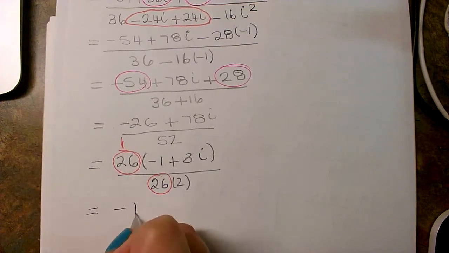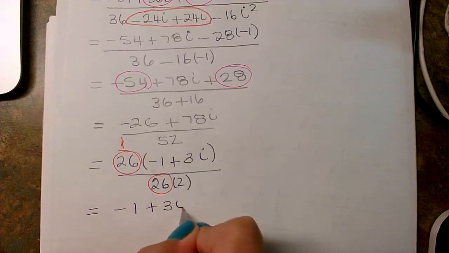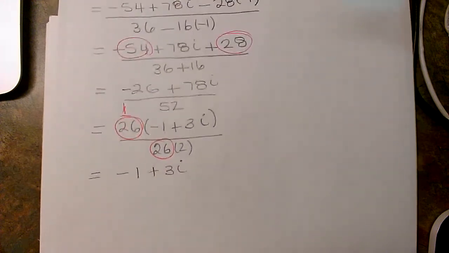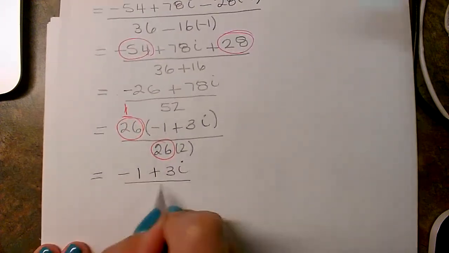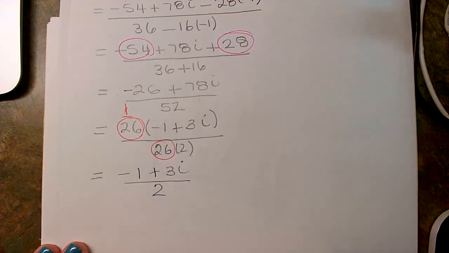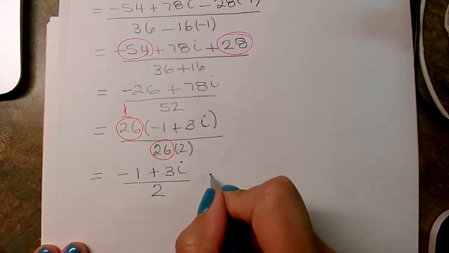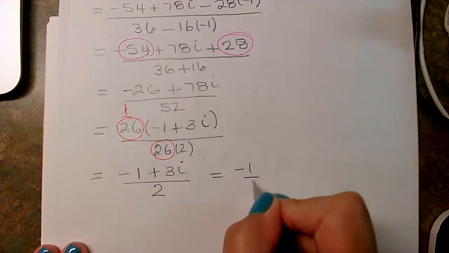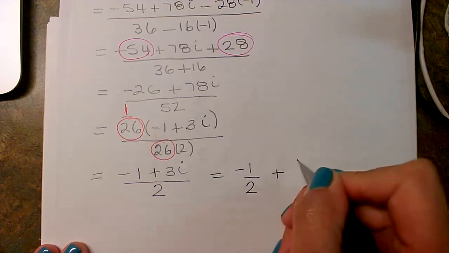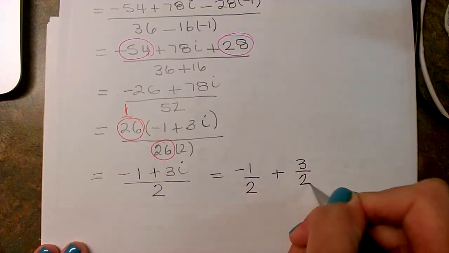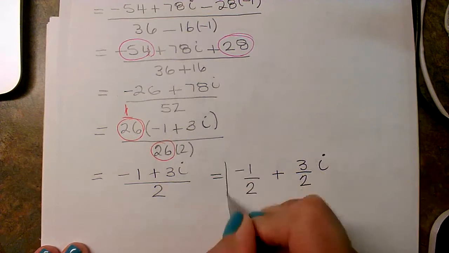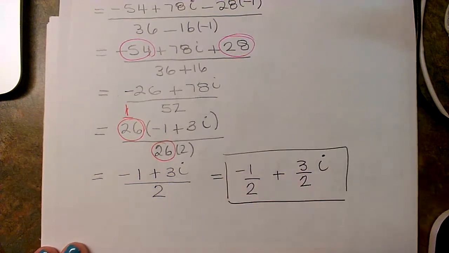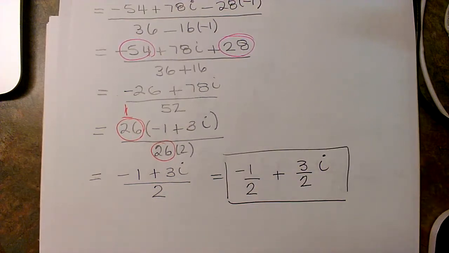This is going to be negative 1 plus 3i divided by 2. Again, the standard form. That's got to be our answer.